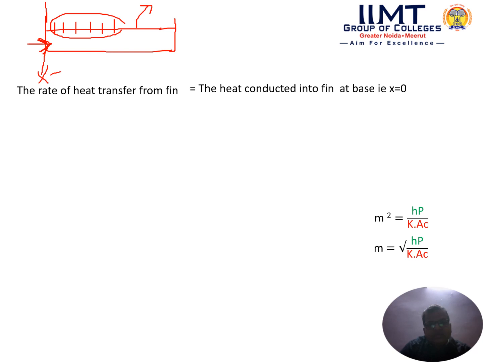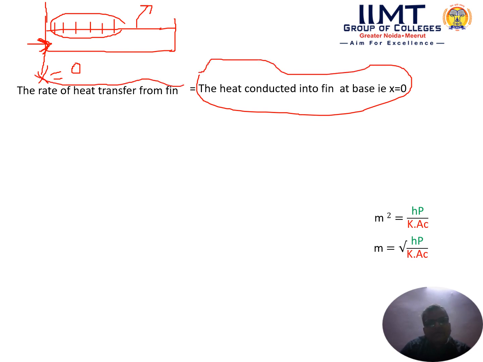That means the rate of heat conducted into the fin at x is equal to 0 will be equal to the total rate of heat transfer from the surface of the fin. It is very easy to calculate the rate of heat conduction at x is equal to 0, and it is very difficult to calculate the rate of heat transfer by the fin by using Q convection.